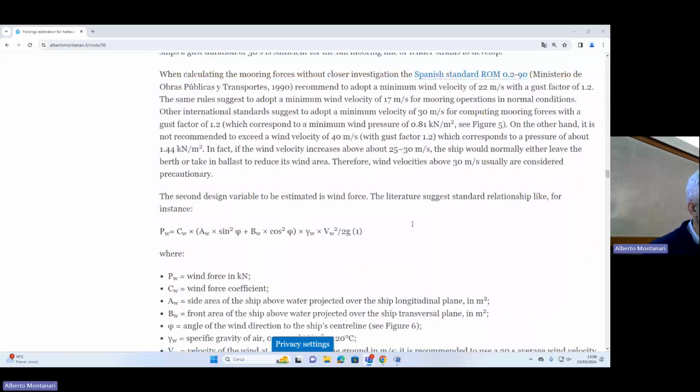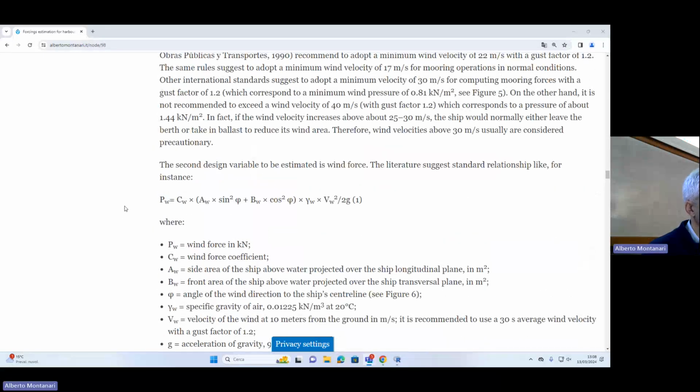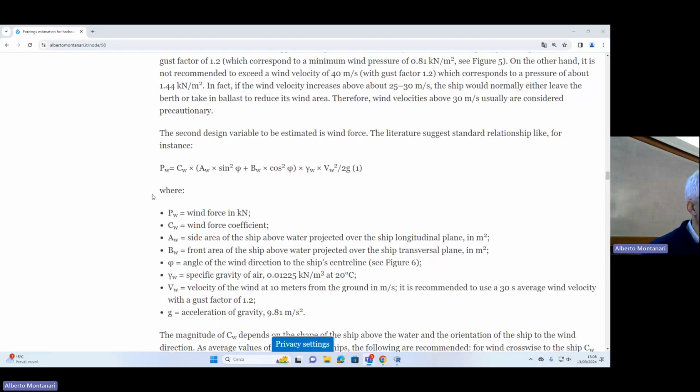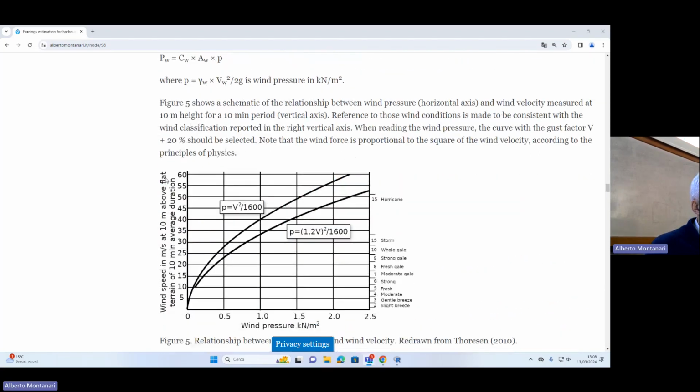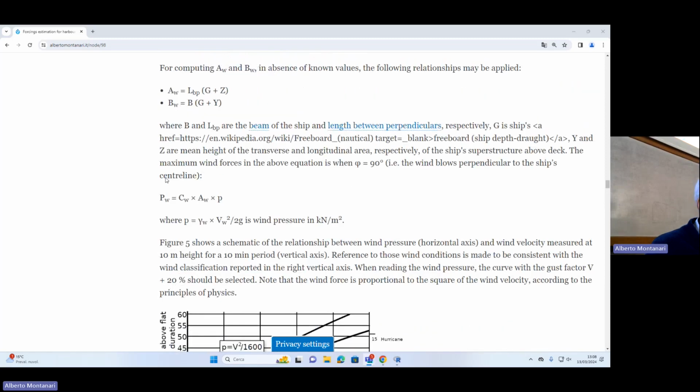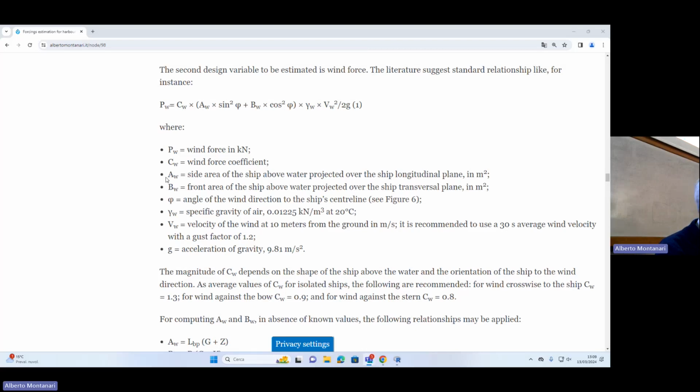Now I am also opening the PowerPoint, but before I open it, we got to this relationship here, which gives the wind force in kilonewton, depending on several coefficients and several independent variables that you see there. As I mentioned to you, this is a mixed physically based empirical approach because the wind force is computed by multiplying the wind pressure, which is given by a diagram here below, by the area of the ship that is exposed to the wind.